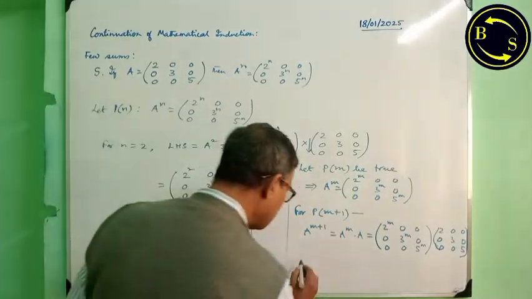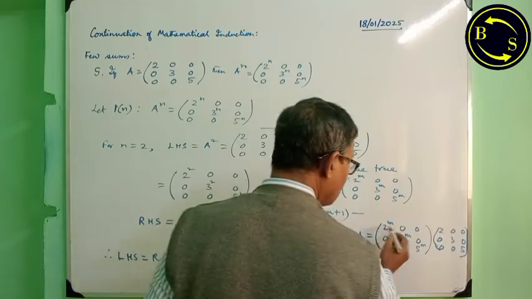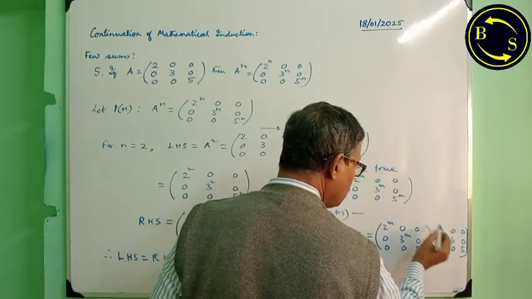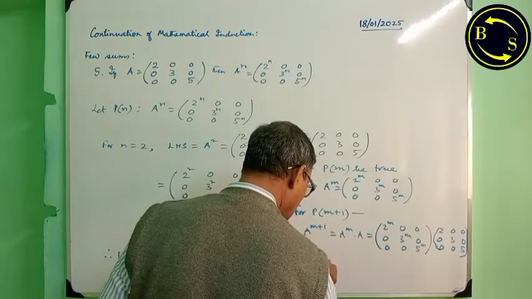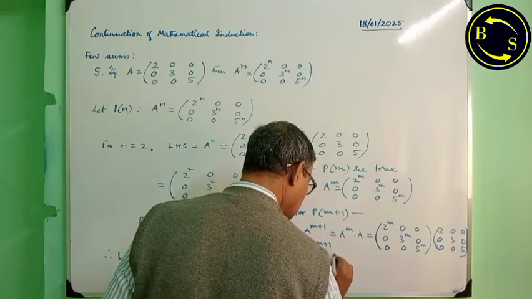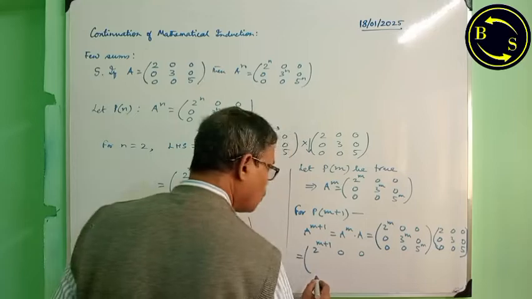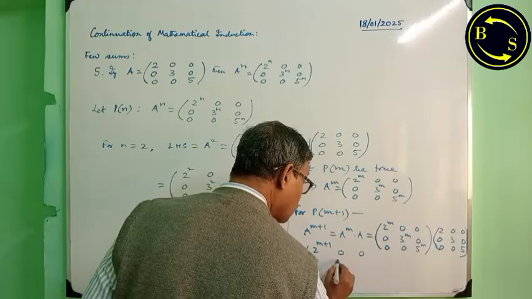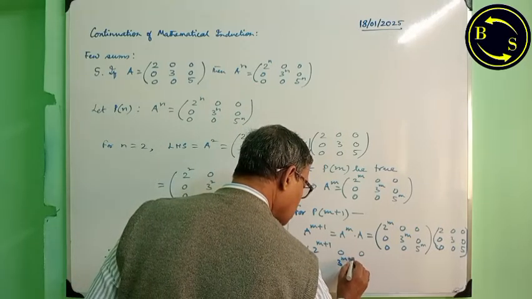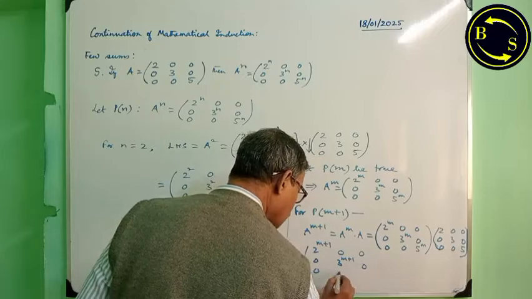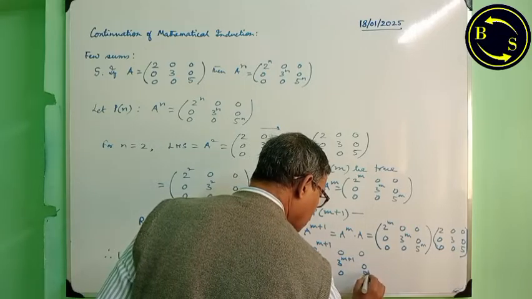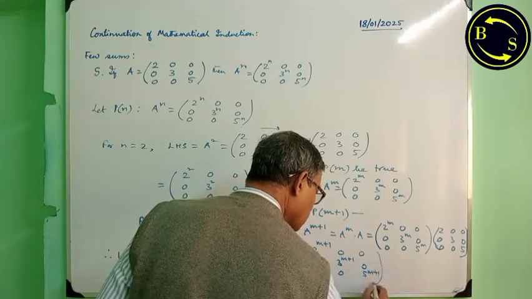Now the multiplication row column wise: 2 to the power m into 2, that means 2 to the power m+1, others will be 0. Then for the second row 0, 3 to the power m+1, 0, and 0, 0, 5 to the power m+1.